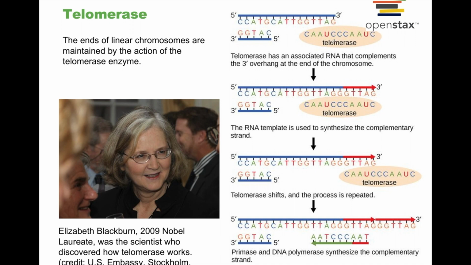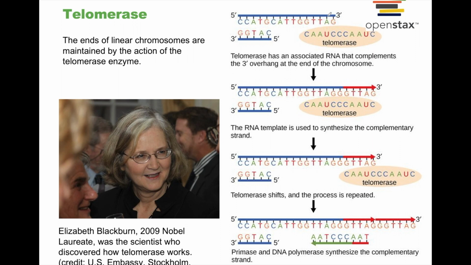So using the RNA that is part of the telomerase and by complementing to the template strand that is hanging, telomerase synthesizes, builds the end of the DNA. So it rebuilds the part of the DNA that is chopped off.